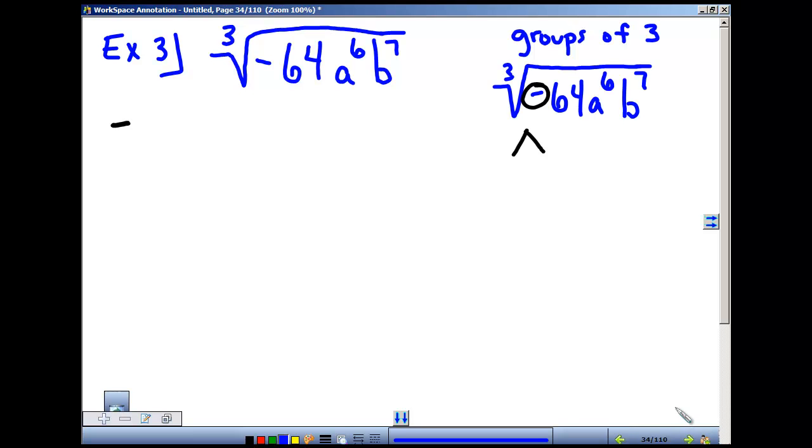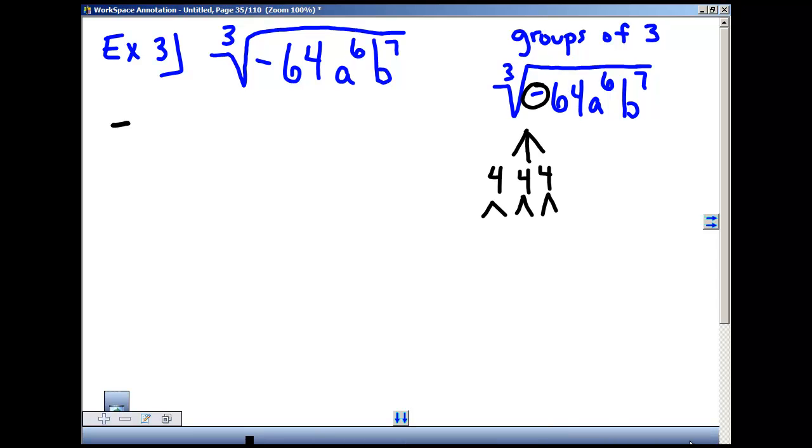First thing I want to do is take out the negative sign, because negative times a negative is a negative, so that will come out. Now break down the 64, the a to the 6 and b to the 7th, and we are looking for groups of 3 because the index is a 3.